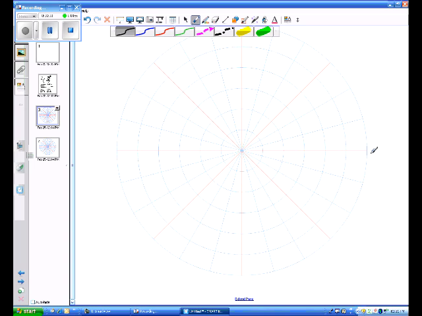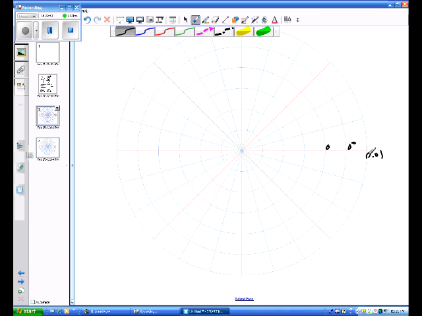So this point is 1, 0. Most books will have your unit circle in them as defined as we go around. This is 0 degrees. I'm going to put these in degrees and in radians, so it's 0 radians.